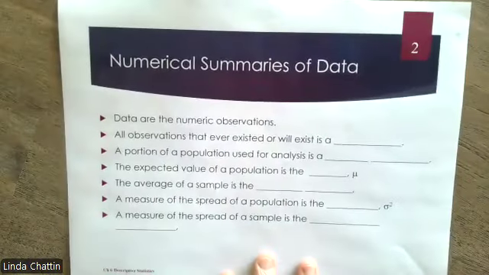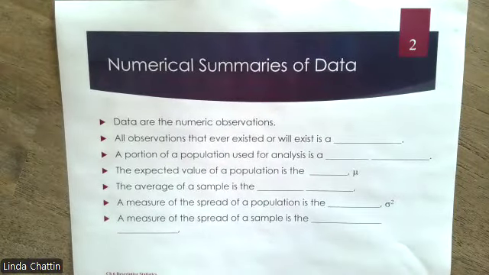So first, we're going to start out with the part of chapter 6 that teaches us about the difference between a population and a sample. When we're talking about data, we're talking about observations that we actually collect values for, and it doesn't have to be just numerical values, it could be anything.